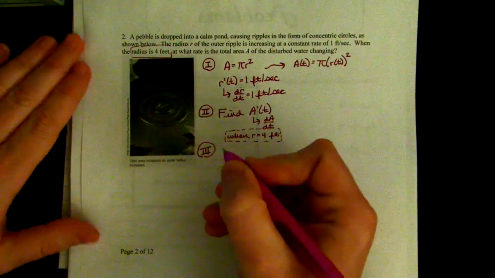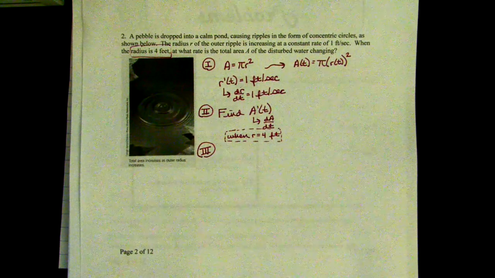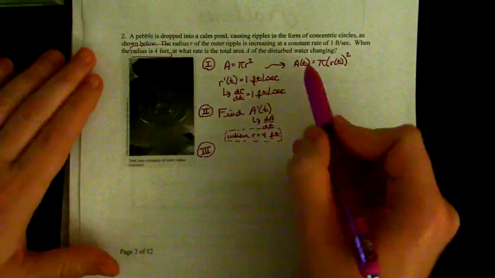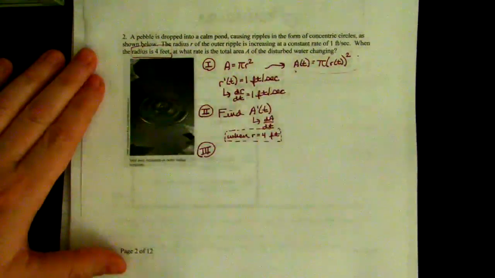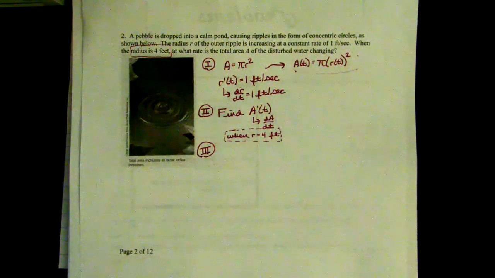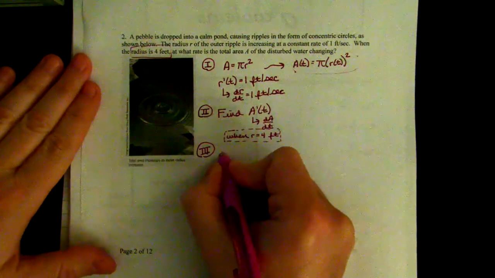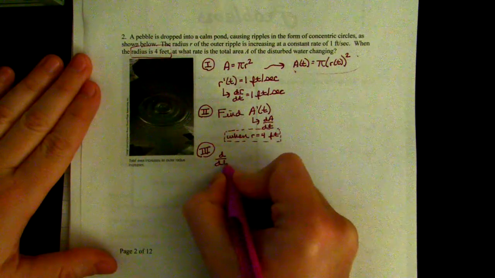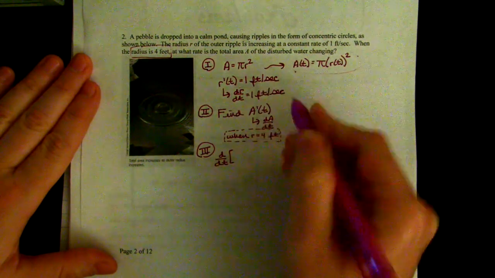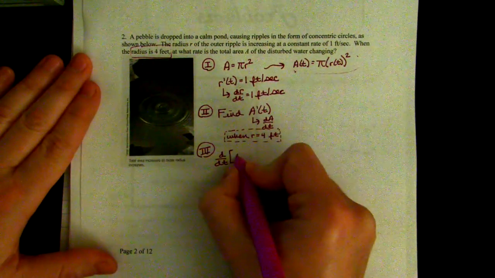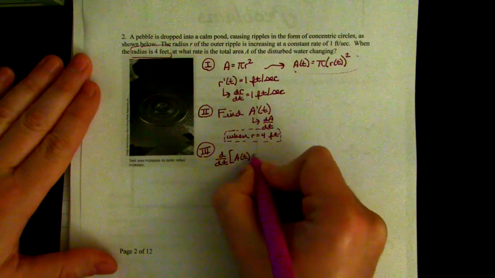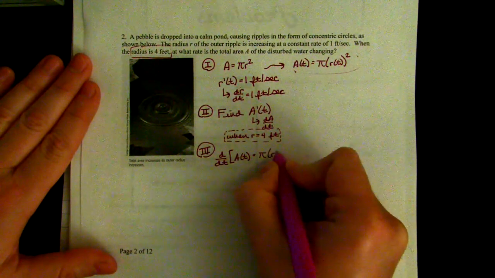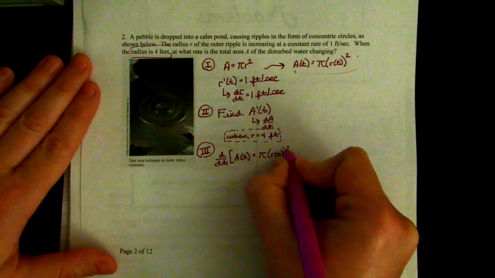The third thing I'm going to do is try to create my formula for A prime of t. Create my formula for the derivative of this thing. Well, I'm going to do my derivative. I want to find the derivative with respect to time, because everything is a function of time, of A of t equals pi times r of t squared.